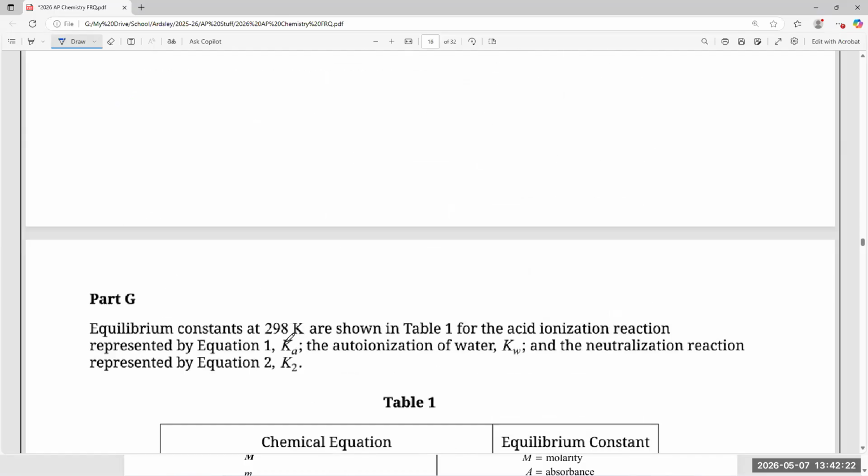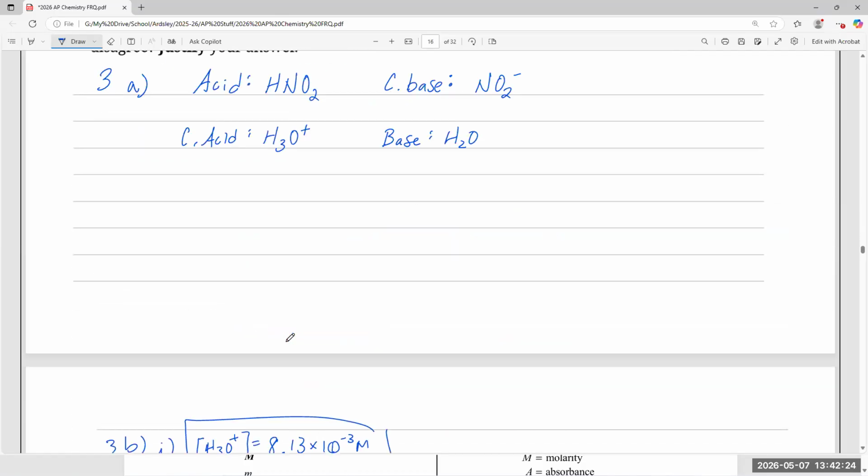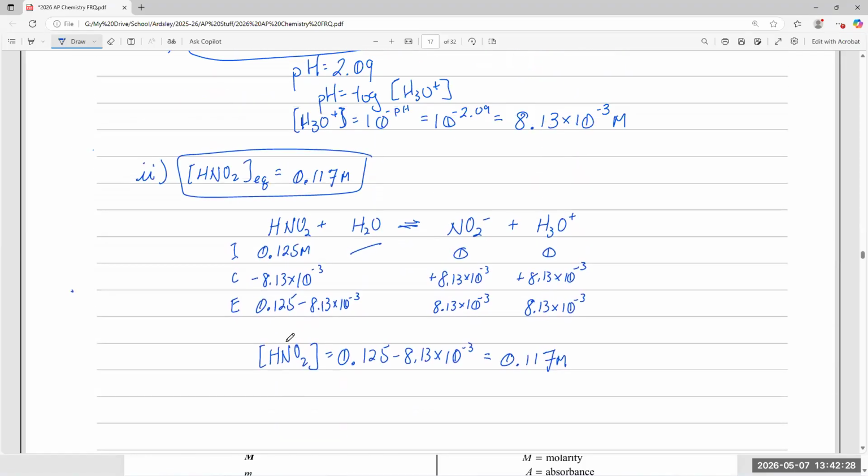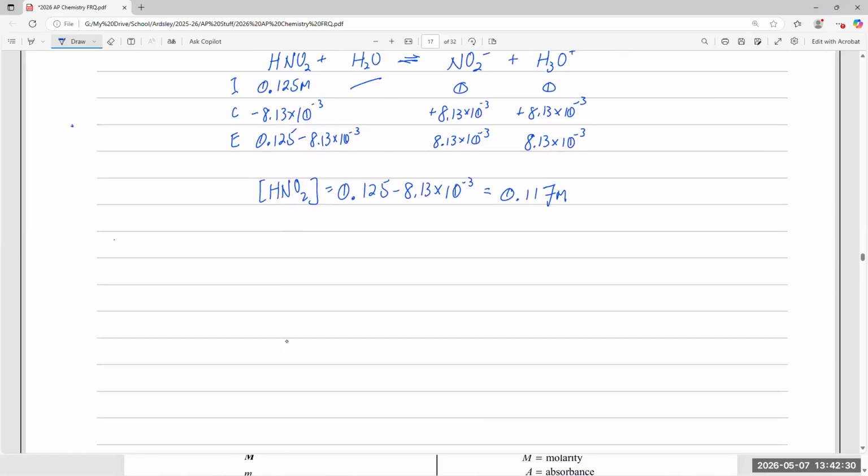All right, so let's go to 3C1. Here we go. 3C, Roman numeral 1. They want the Ka value, right?